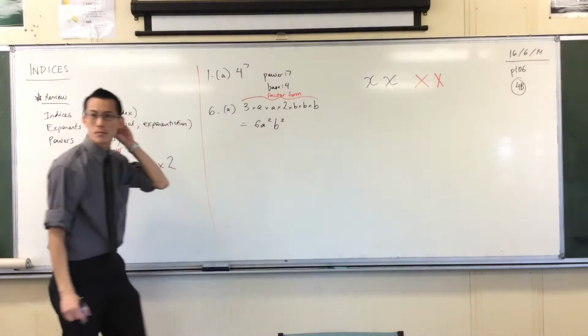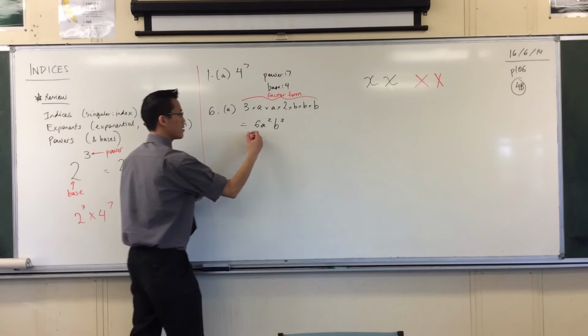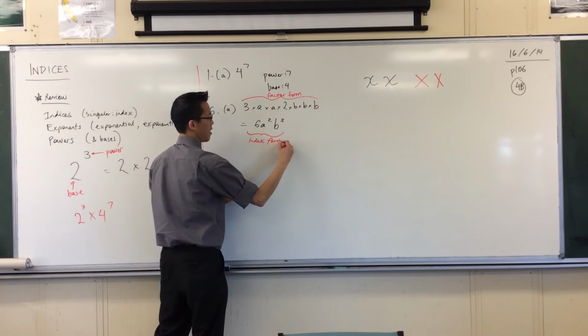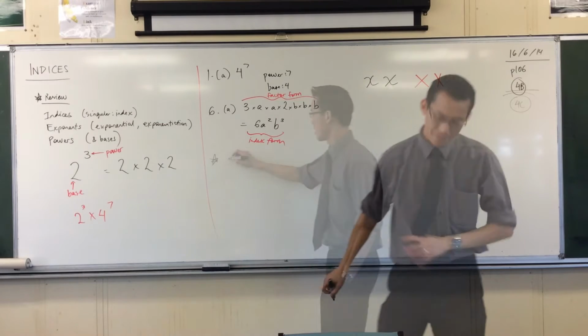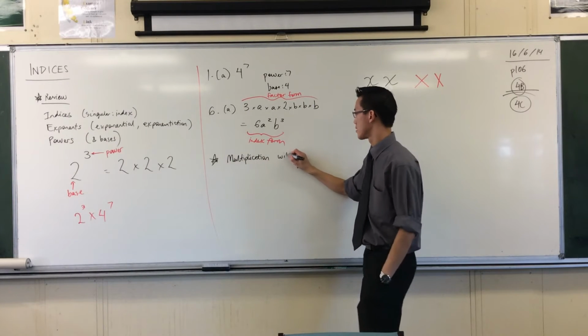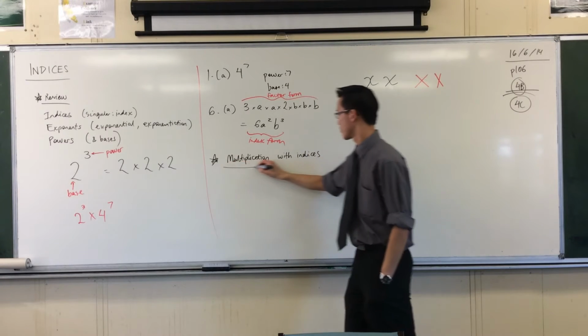There you go, so there's index form, and there's factor form. So you can go back and forth between the two. Multiplication with indices or powers or exponents, whichever you like, they're all the same.